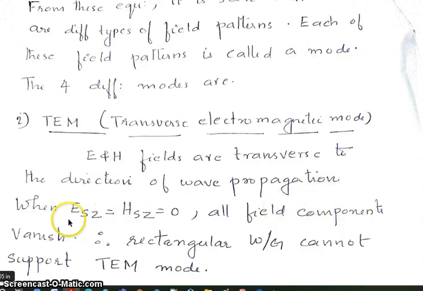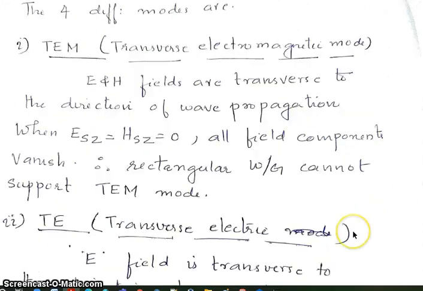That means Ez component and Hz component are 0 in transverse electromagnetic mode, which is not supported by a rectangular waveguide. This TEM mode is not supported by a rectangular waveguide, but you can see this TEM mode in a parallel plate waveguide.